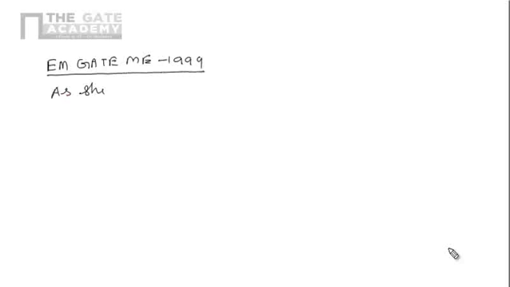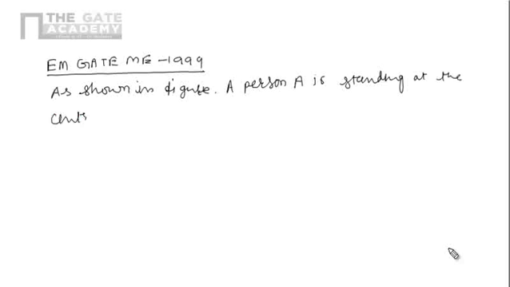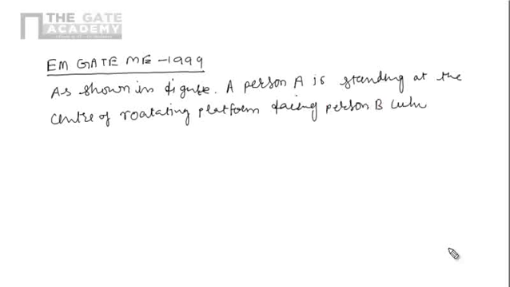As shown in the figure, a person A is standing at the center of a rotating platform, facing person B, who is riding a bicycle heading east.